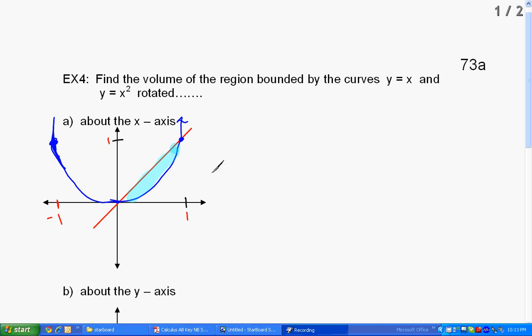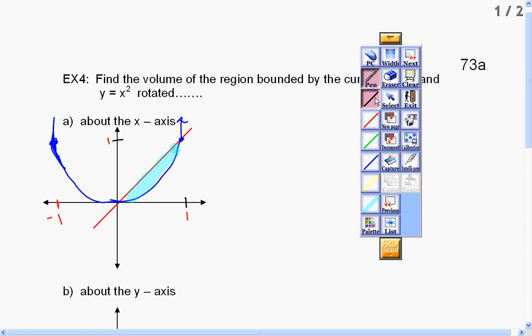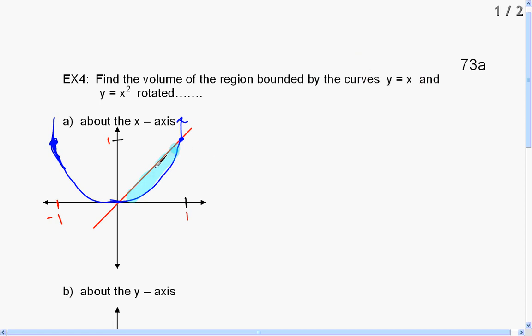If you think about that height, each rectangle is still going to be dx and still going to be a y distance here. The only difference is when I think about this being rotated, let me take that away.